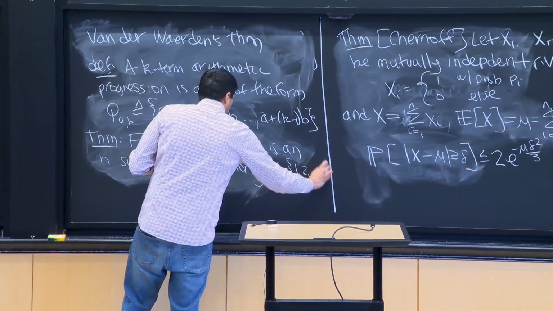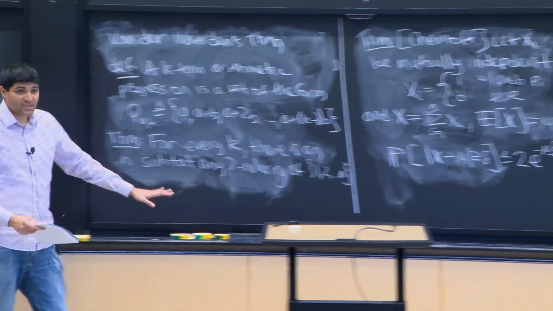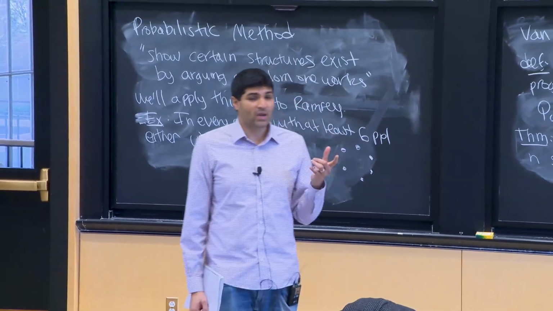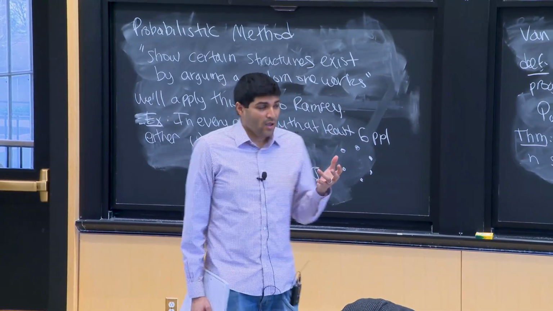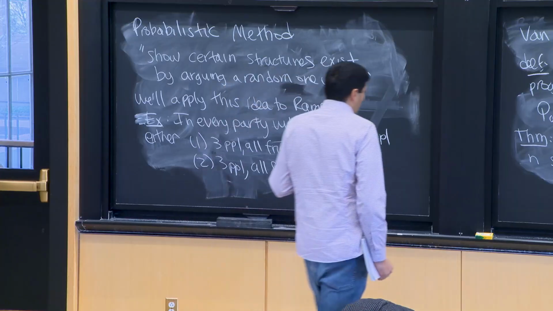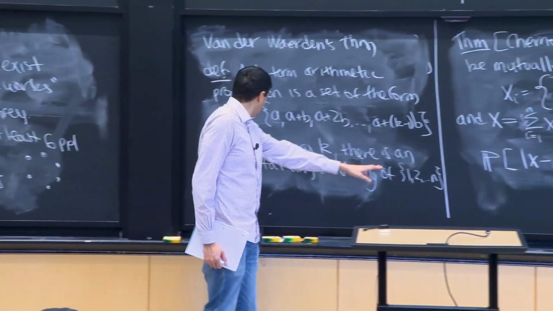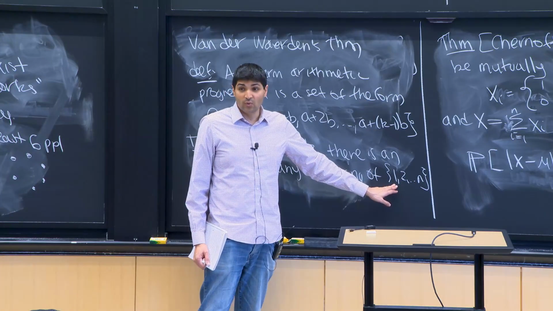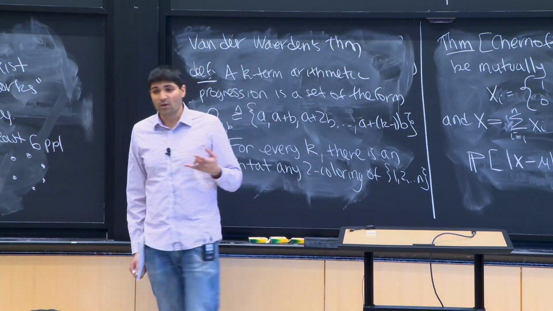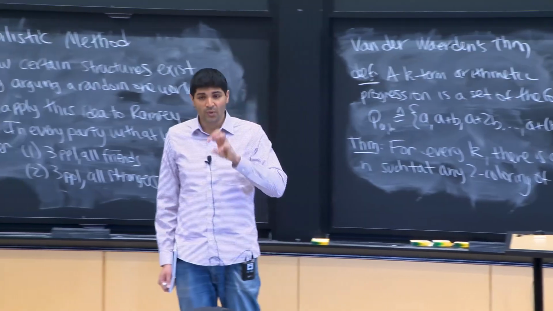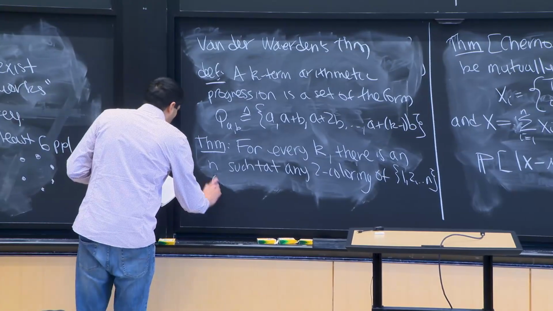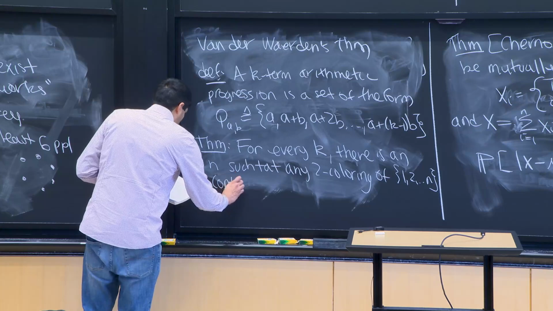2, up to n. So before I get to the theorem statement, what's going on is I want to find a k-term arithmetic progression. You're going to fix some n, and then look at the integers from 1, 2, all the way up to n, and color these integers with either red or blue. What I'm looking for is a monochromatic arithmetic progression.